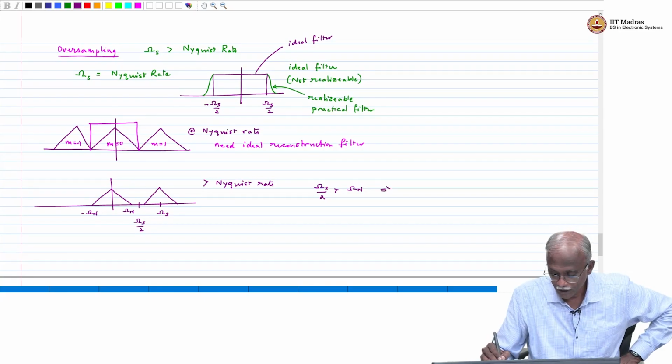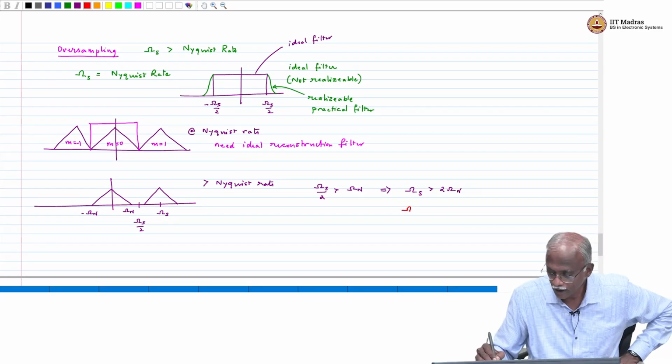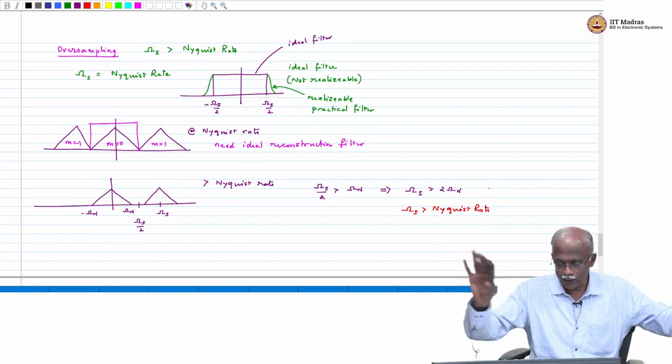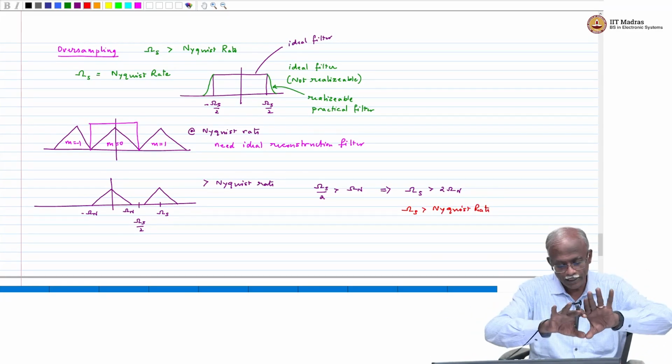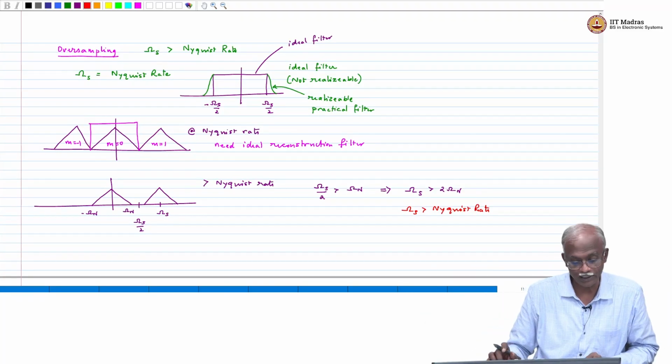This means omega s, the sampling rate, is greater than 2 times omega n, which means omega s is greater than Nyquist rate. The more you over-satisfy the Nyquist rate, the further these spectral copies move away from each other.